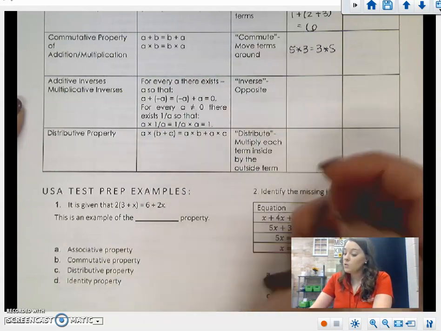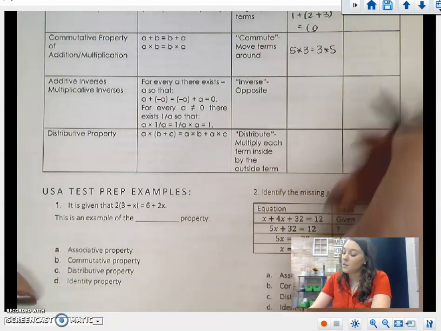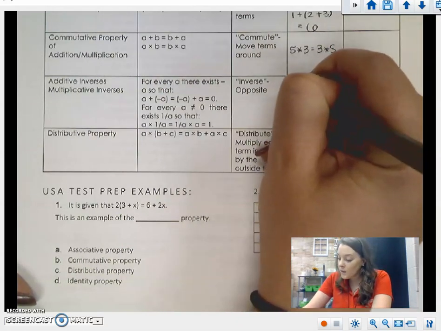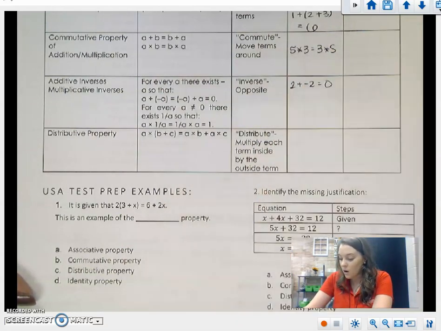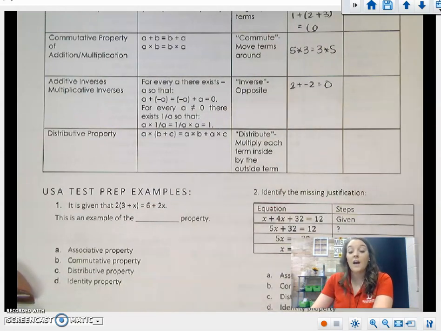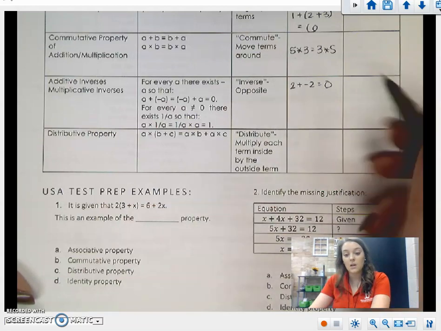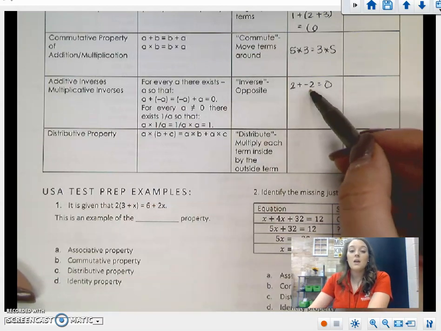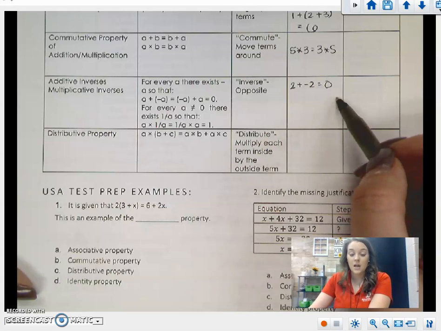So we'll do 2 examples to make that a little bit easier. So you could say 2 plus negative 2 always equals 0. So 5 plus negative 5 equals 0, 10 plus negative 10 equals 0. So when you add the inverse, you're going to get 0.